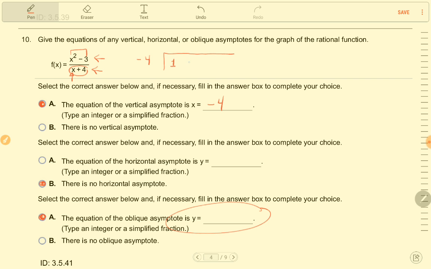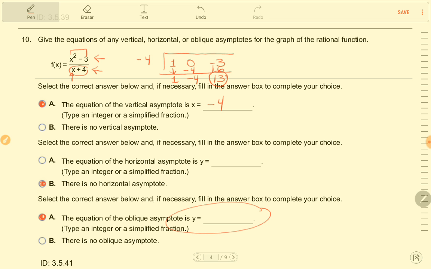There's no x term, so I'm going to put 0 as the coefficient, and then the constant term. So I'll drop down the 1 as my first step. Multiply negative 4 times 1 is negative 4. Negative 4 times negative 4 is 16, leaving me a remainder of 13. So the remainder is 13.